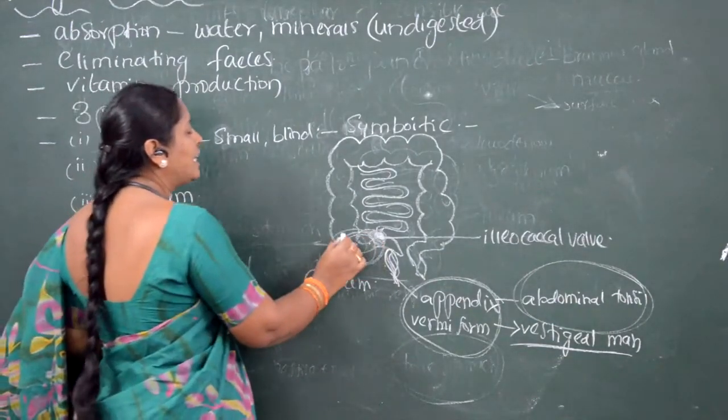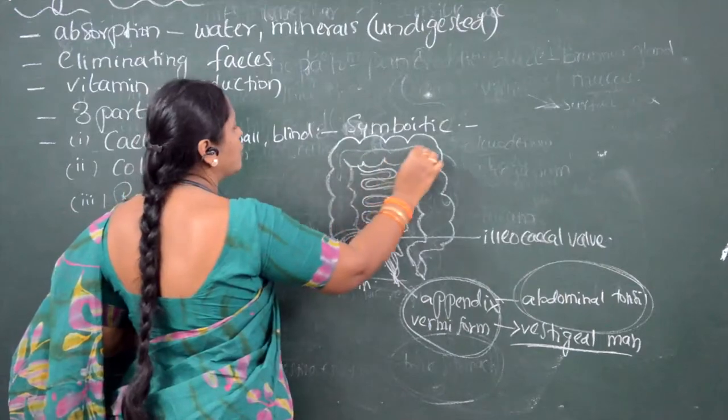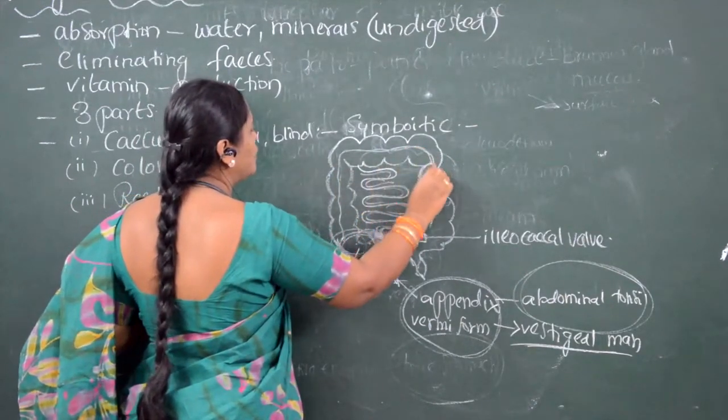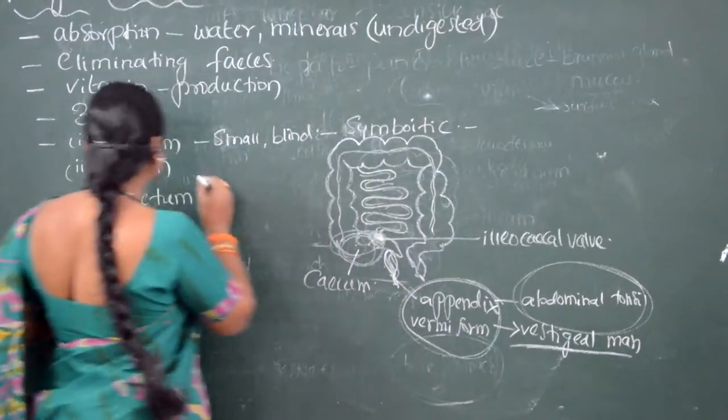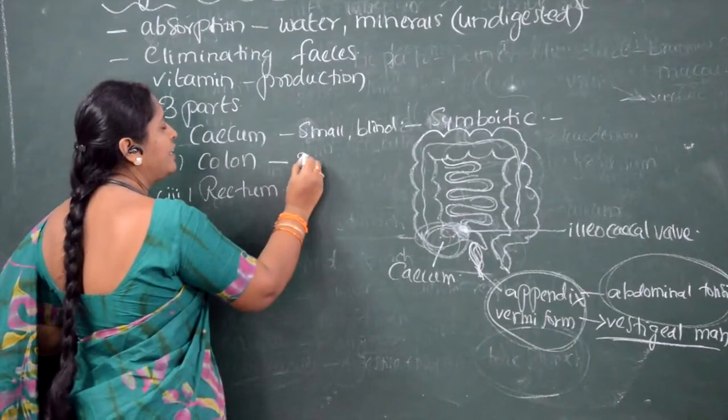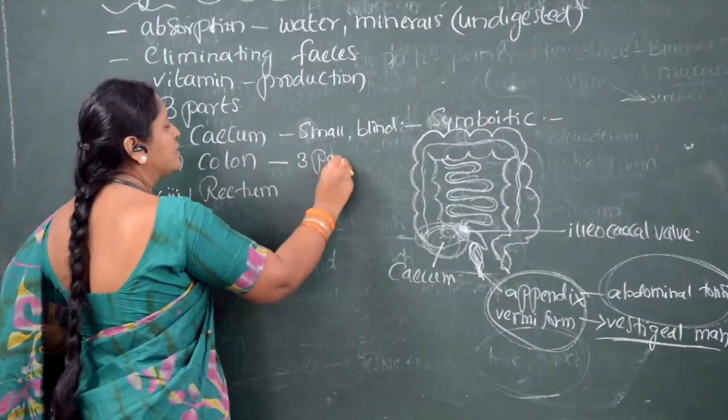Next, the cecum leads to the next part called the colon. The colon is again divided into three parts.